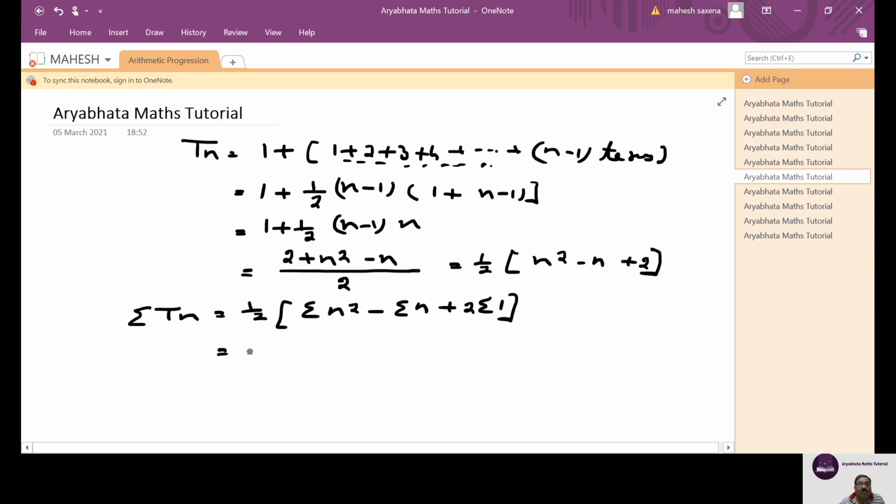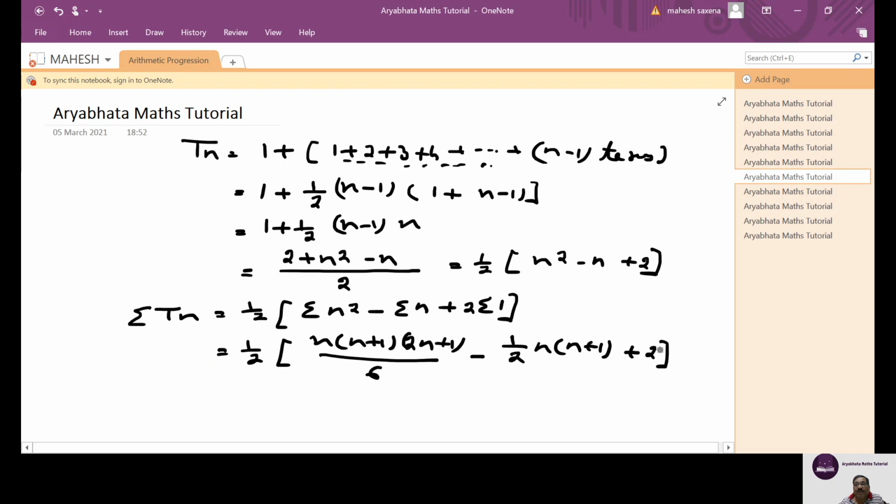That is 1 by 2. Sigma n square is n into n plus 1 into 2n plus 1 upon 6. Minus sigma n is 1 upon 2 n into n plus 1, plus 2. Sigma 1 is n, therefore 2 sigma 1 is 2n.